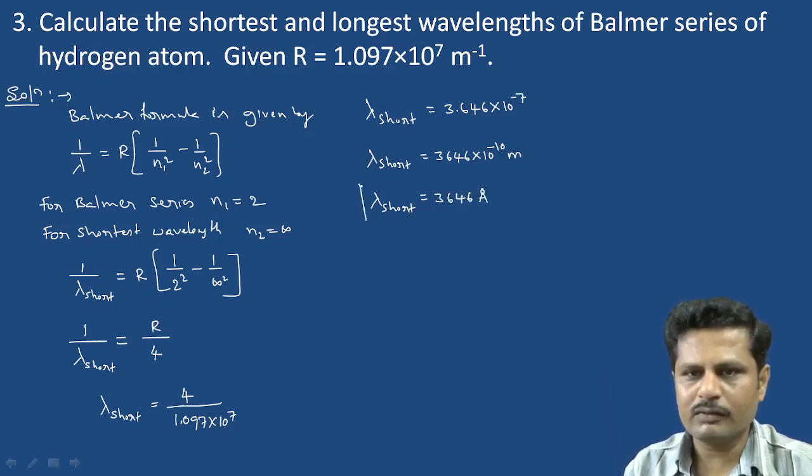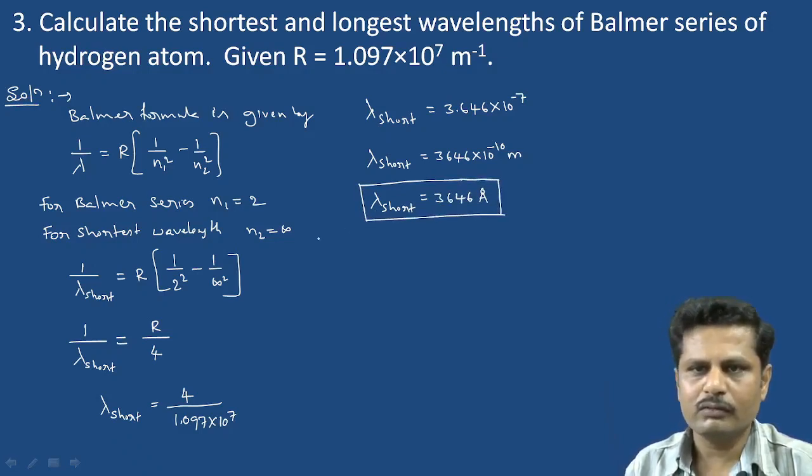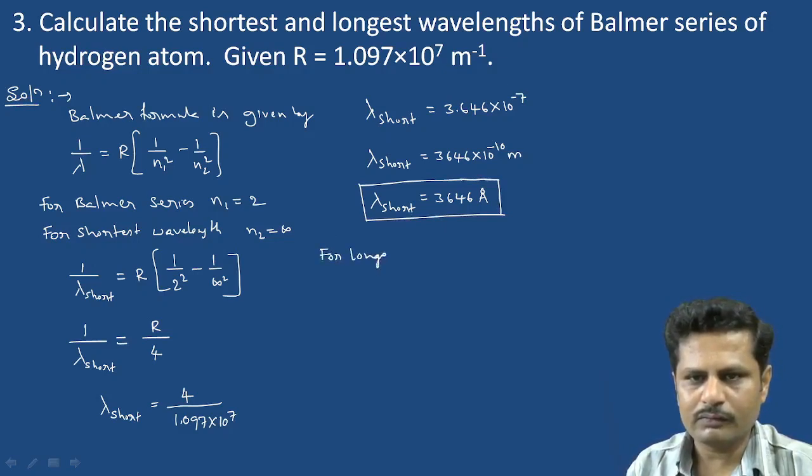In the same way, we can find the longest wavelength. For the longest wavelength, or the first member of the Balmer series, N2 should be taken as 3.